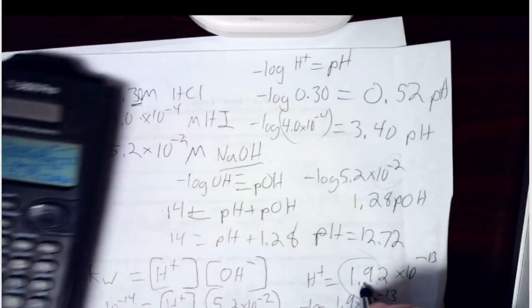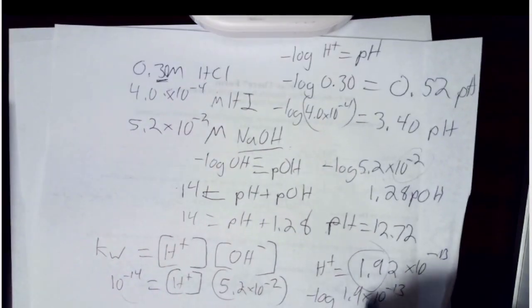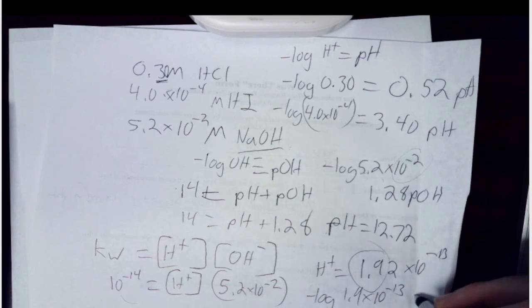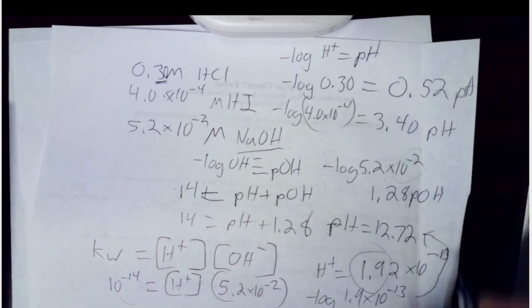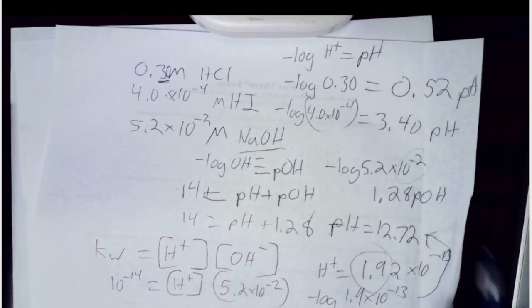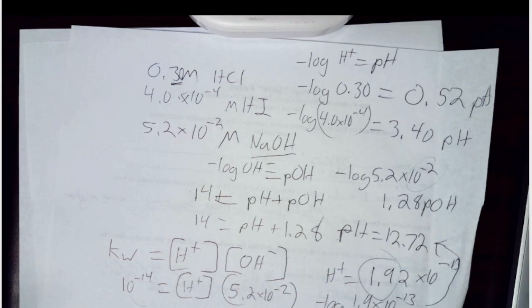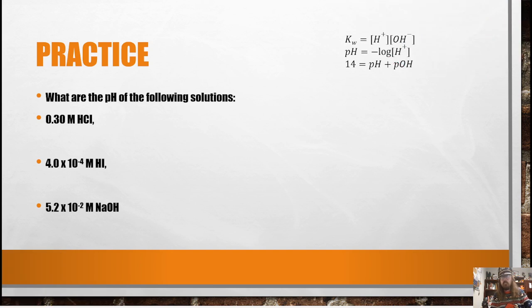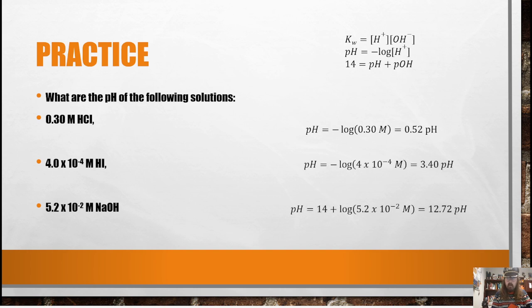So two different ways gives you the same value. Personally, I found my way to be a little bit easier, but both ways get the same number. So 0.52, 3.40, and 12.72.